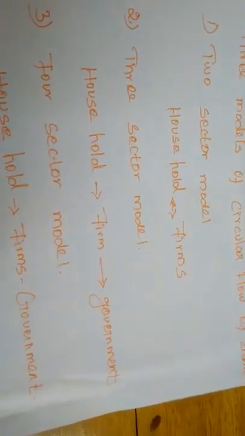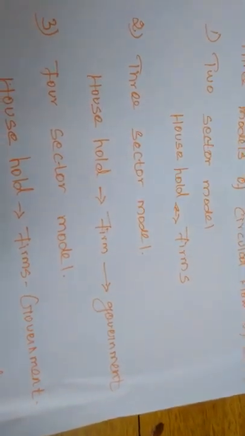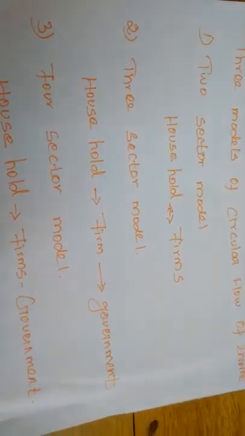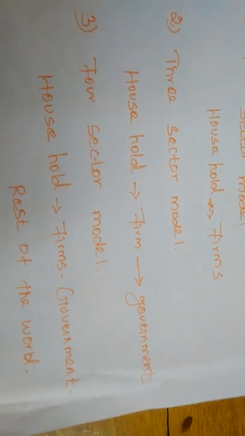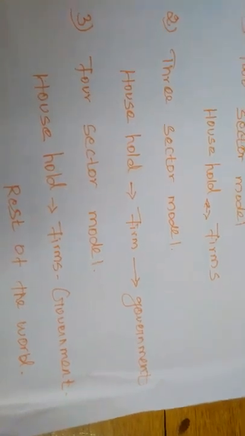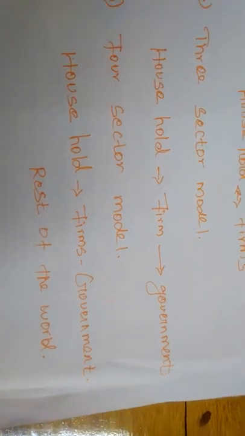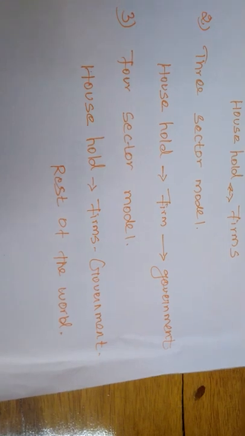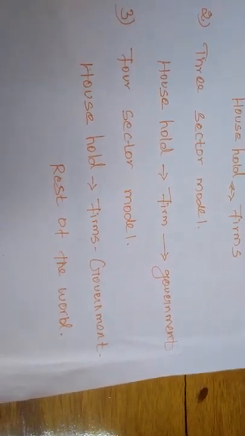The two sector model explains the simple economy with the household and the firms, the simple relationship between them. The three sector model also explains the relationship between the household, firms and government. The four sector model explains how the flows of income move from one sector to another.